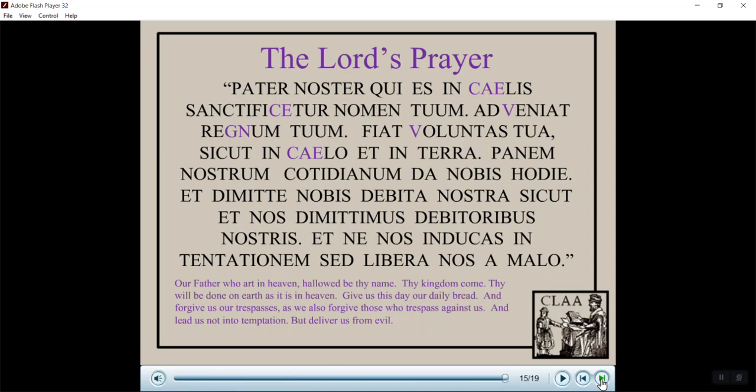Panem nostrum quotidianum da nobis hodie, et dimitte nobis debita nostra, sicut et nos dimittimus debitoribus nostris. Et ne nos inducas in tentationem, sed libera nos a malo. That was the Lord's Prayer at normal speed.